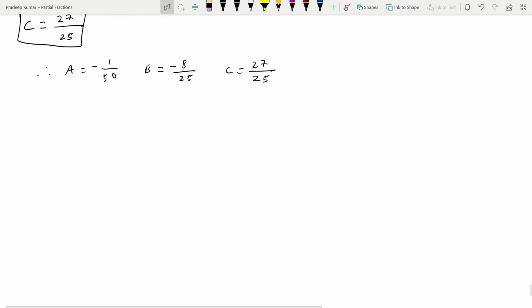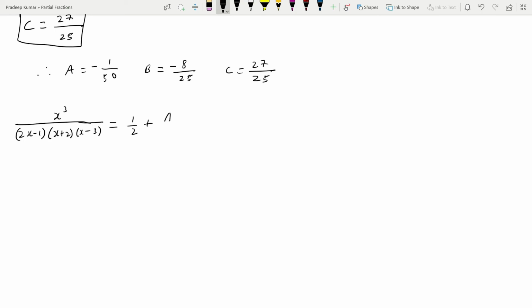First I'll write equation number 1: x power 3 by 2x minus 1, x plus 2, x minus 3, equal to 1 by 2 plus a by 2x minus 1 plus b by x plus 2 plus c by x minus 3.